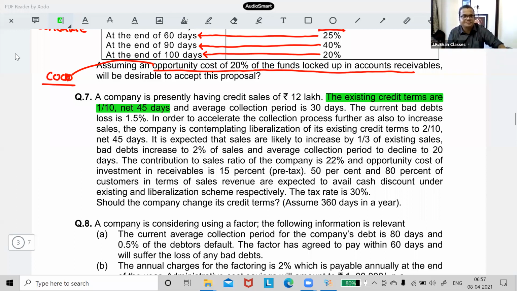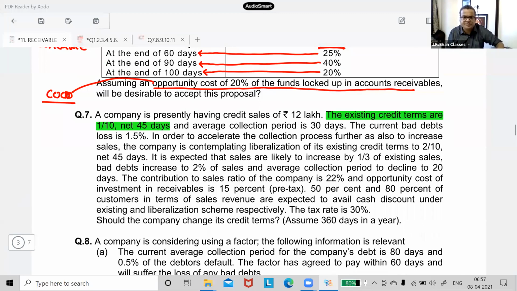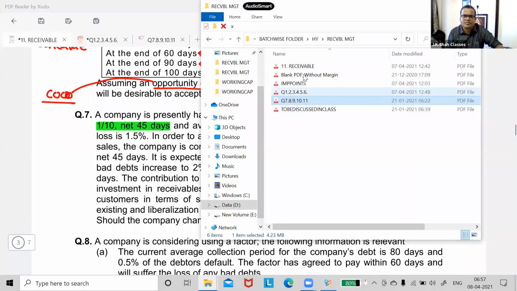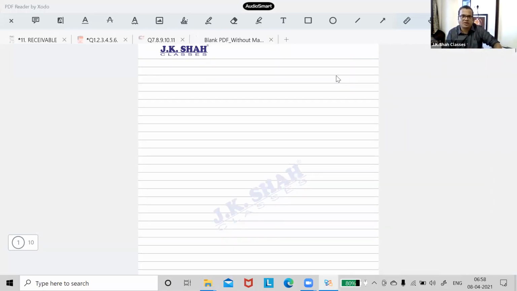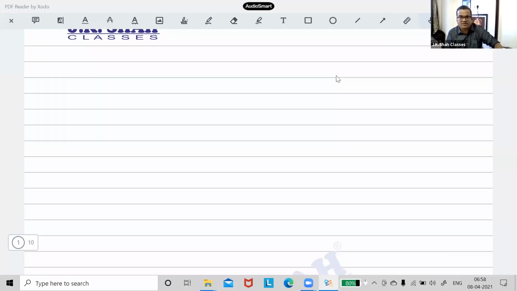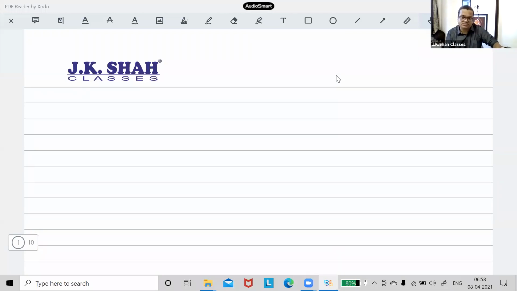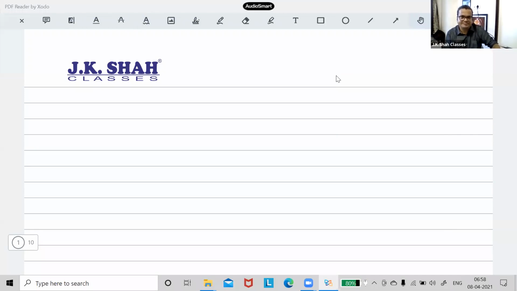There you write one, meaning of the term. What is that? 1 by 10 right now.